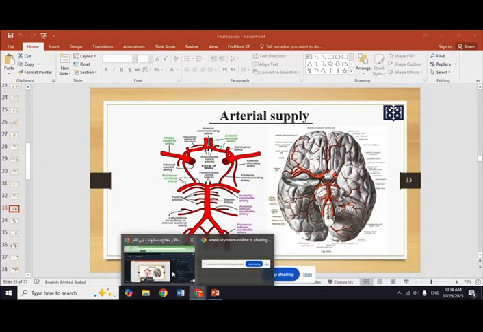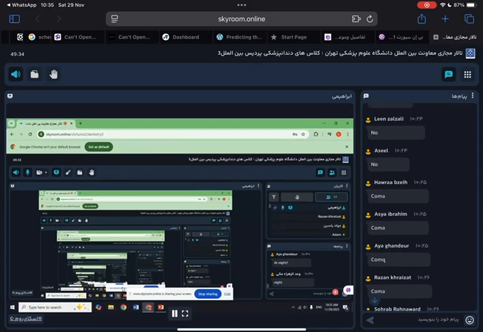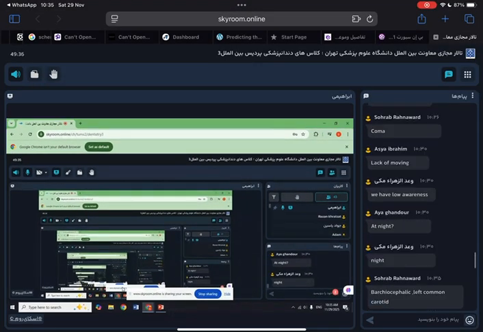I ask you something. What are the branches of the aortic arch? Tell me about the branches of the aortic arch. Tell me, I'm seeing your answers.